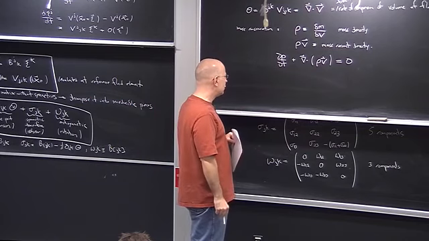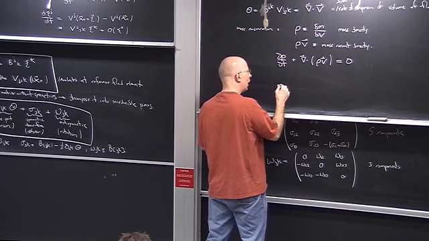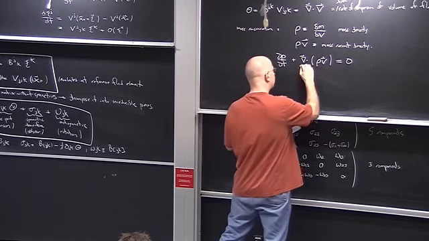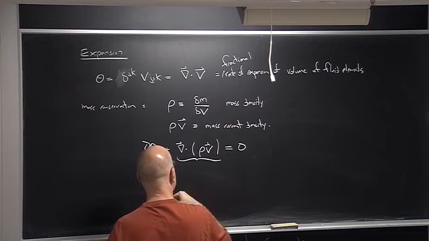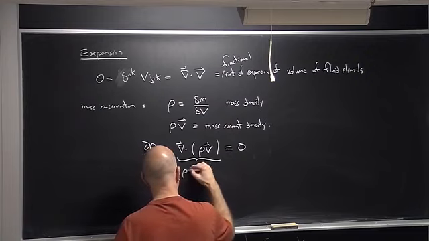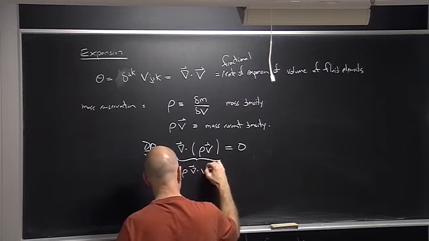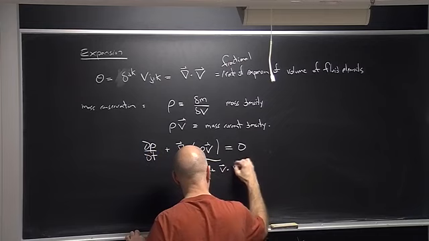OK, so let me just write this out in a slightly different form. What I'm going to do is to expand this. I'm going to just propagate the differential operator here. So first, I'm going to get rho that multiplies the divergence of V. And then I'm going to get V that multiplies the gradient of rho.